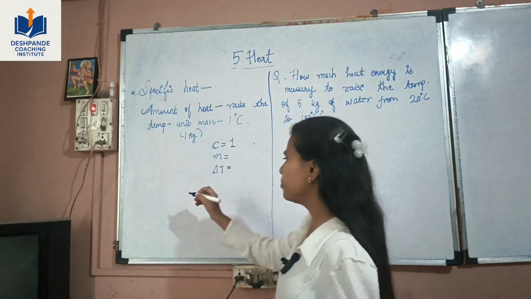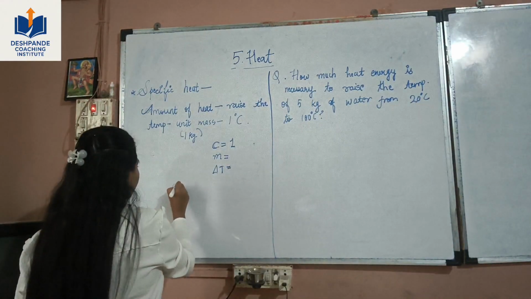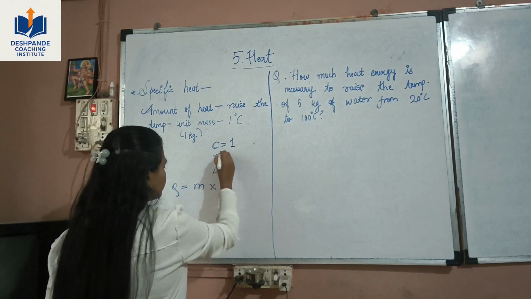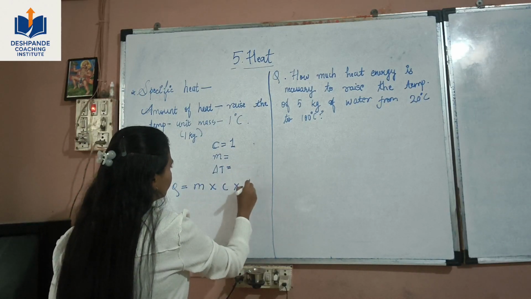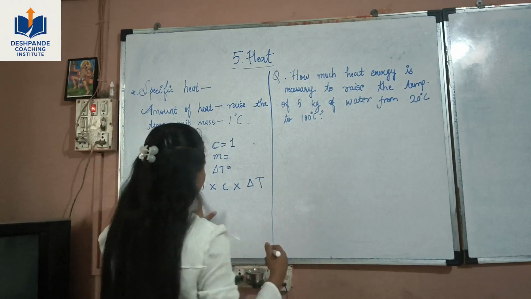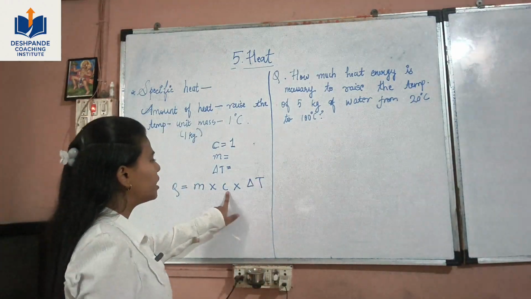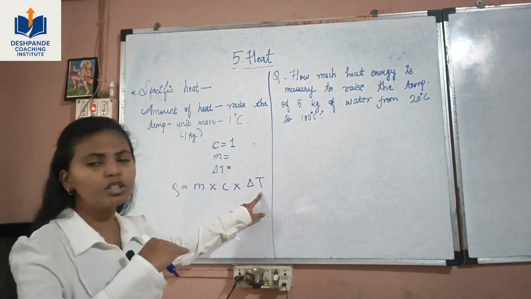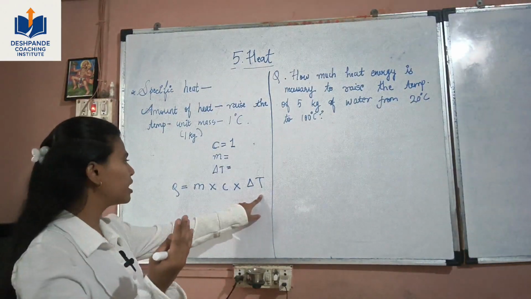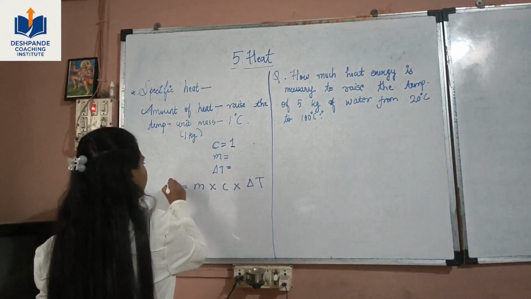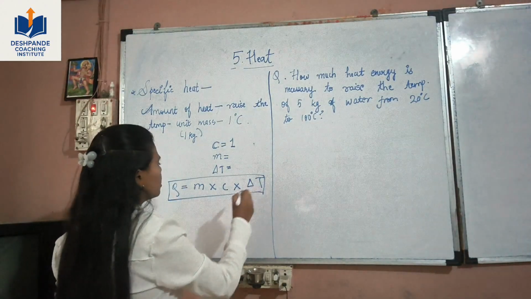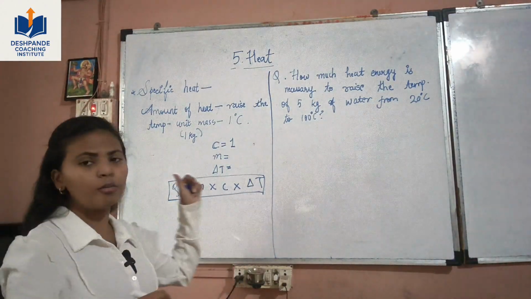Q is equal to mass of that substance into specific heat into delta T, where delta T is the temperature change from the initial to the final state of the material. So this is the final formula, and you can use this for solving the further numerical.